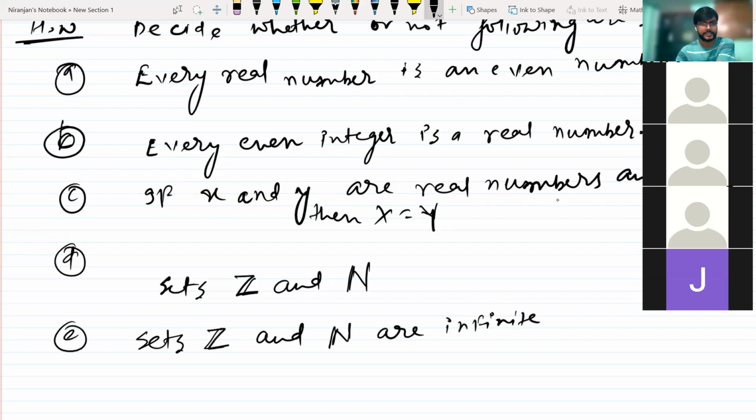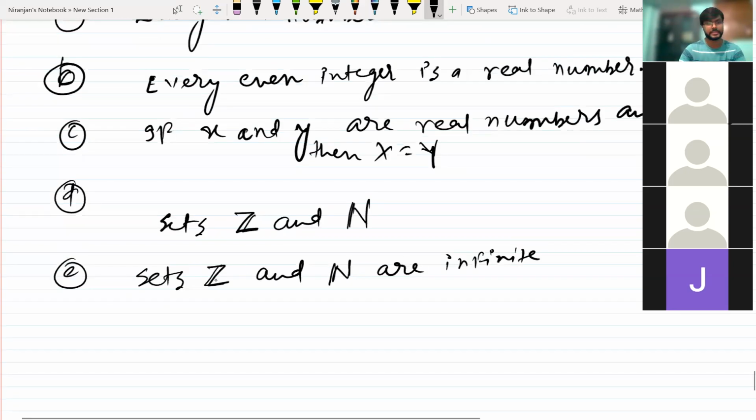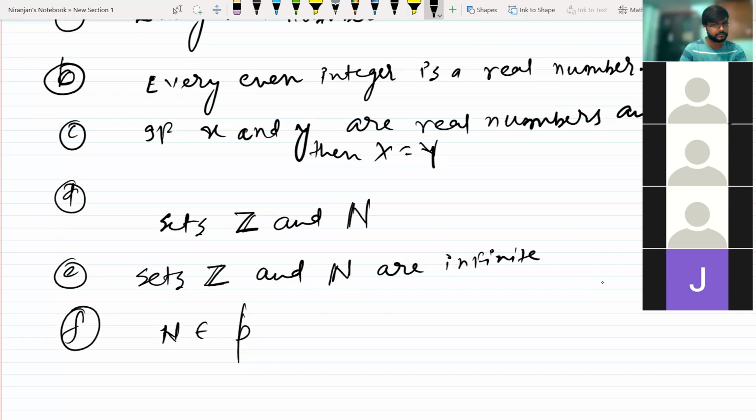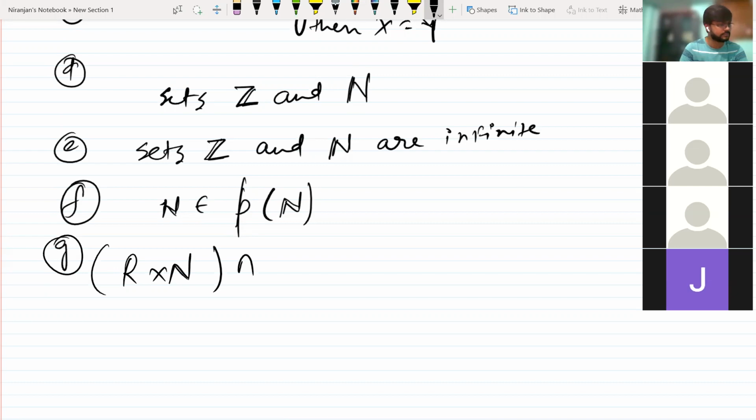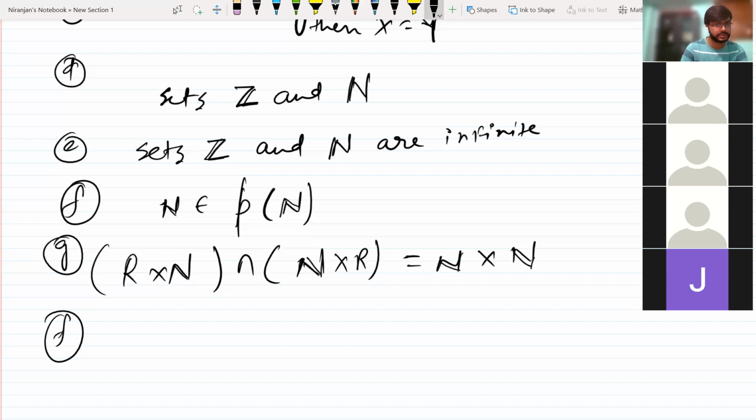These two are different, okay? In D, I have written just sets Z and N. In E, I have written sets Z and N are infinite. G, H.